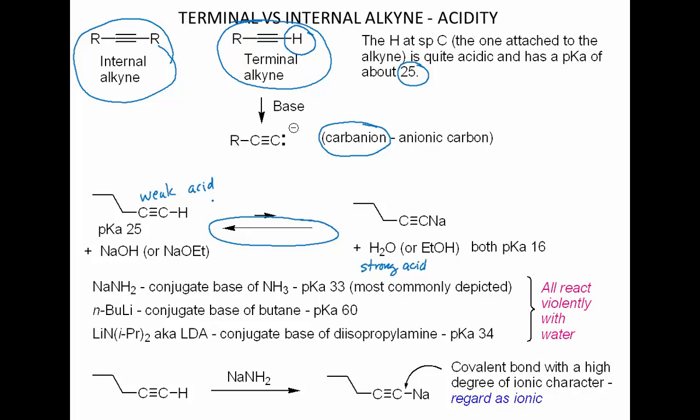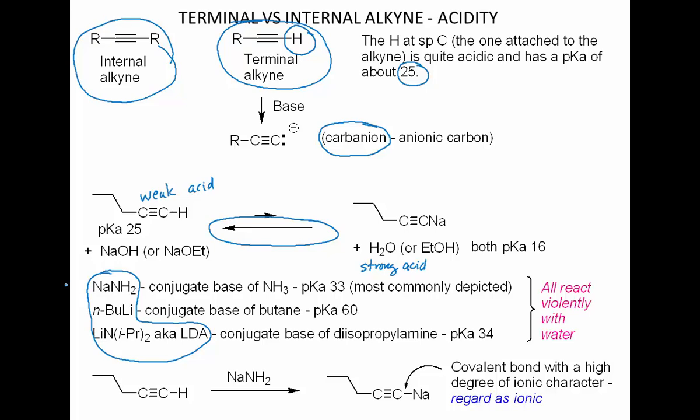And here are three suitable bases: NaNH2, n-butyllithium, or LDA. These are extremely strong bases. NaNH2, which is the one that you're most commonly going to see depicted in the reaction equations in this chapter, is the conjugate base of ammonia.